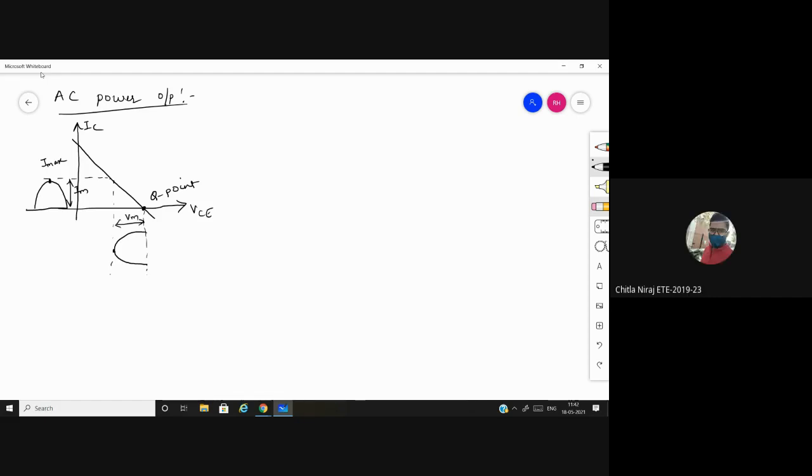What do you call this point? Minimum, sir. V minimum. See, when the peak is going towards the zero reference, then it should be minimum. When it is going away from the zero reference, then it should be maximum. Just remember this. So for this operating point, what are the X and Y values, that is, the voltage and current values?